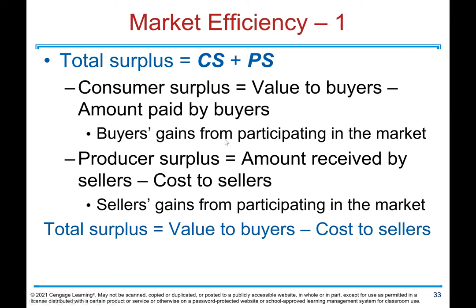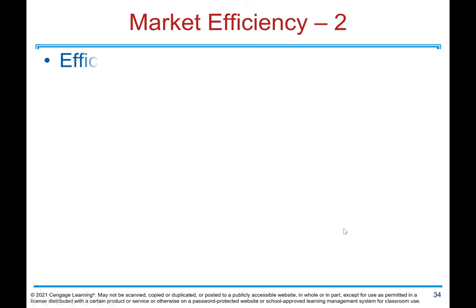Buyers gain from participating in the marketplace. Producer surplus equals amount received by sellers minus cost to sellers. Sellers gain from participating in the marketplace. Total surplus, therefore, equals value to buyers minus cost to sellers.